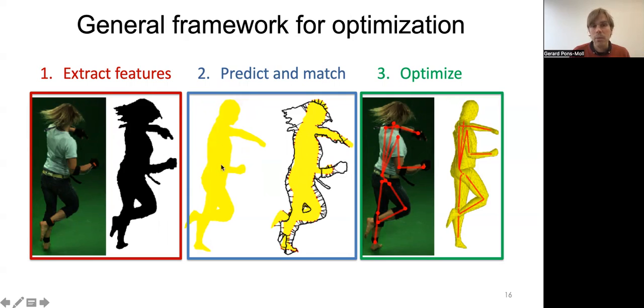And here in yellow, I'm showing this silhouette predicted by the model, which can be obtained by projecting the model into the image and rendering this silhouette. And then basically you would find correspondences or matches between the image observation, in this case, this black silhouette, and the silhouette of the model, in this case, this yellow silhouette. And then basically you would optimize the model parameters in order to make these residual errors, these individual contributions here, as small as possible. So you have extract features, predict and match, which is finding correspondences, and finally optimize.